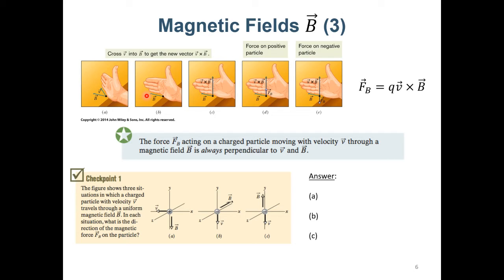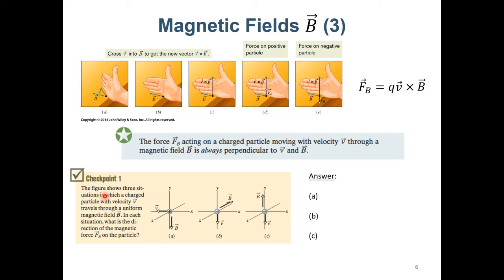The cross product means that the result is perpendicular to both. Although V and B are usually not perpendicular to each other, after V and B are crossed together, the answer should be perpendicular to both V and B.